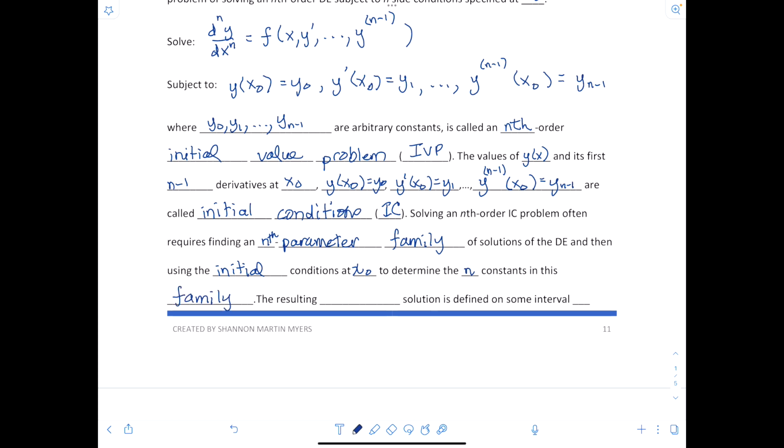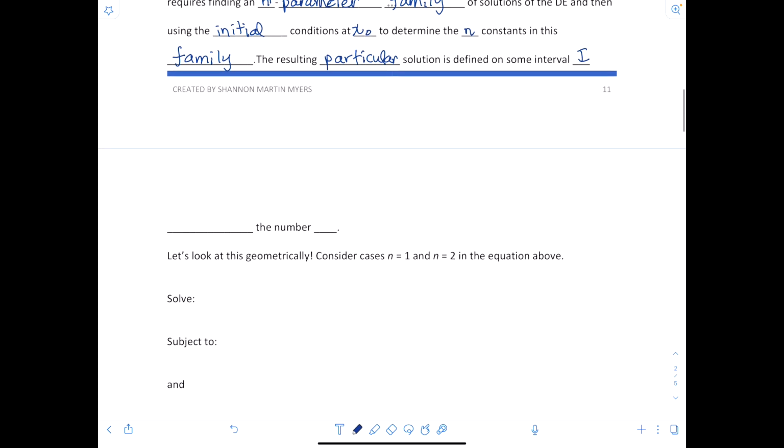The resulting particular solution is defined on some interval I containing the number x0.